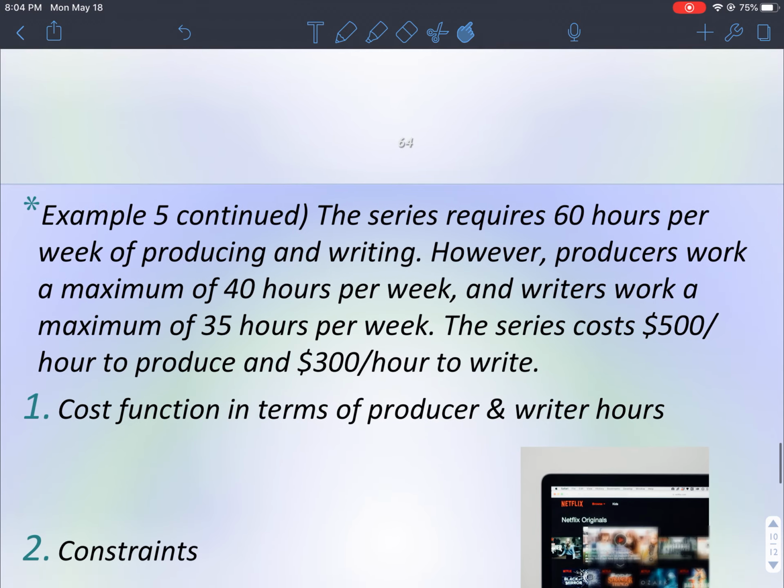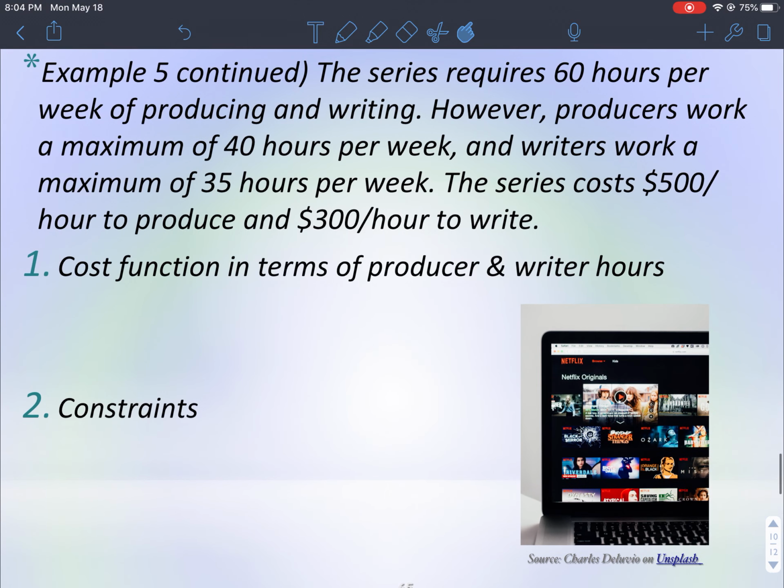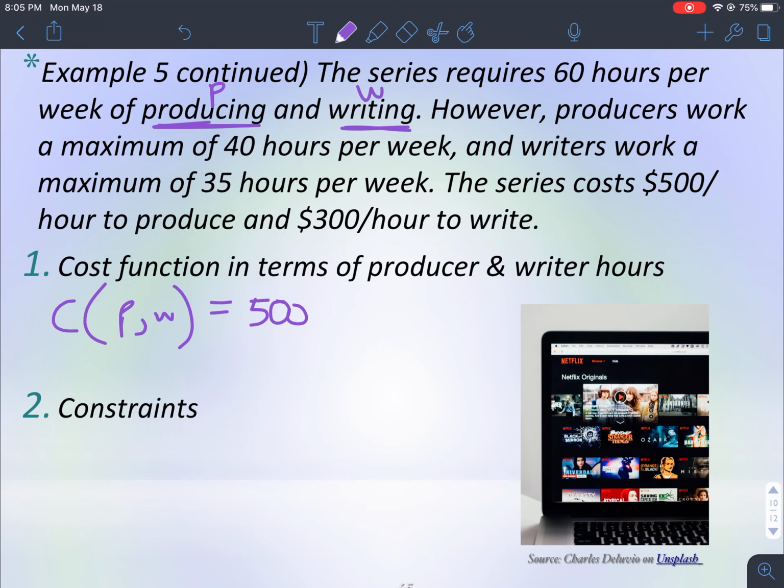Now, cost function. Let's write P for producing, W for writing. Cost of P, W equals $500 per hour plus $300 per hour for writers.